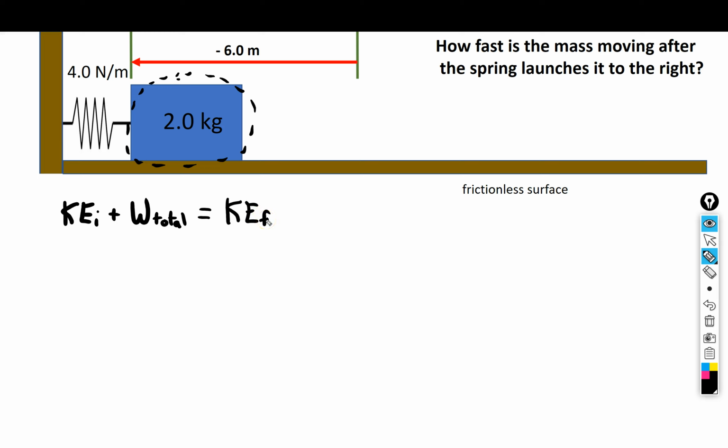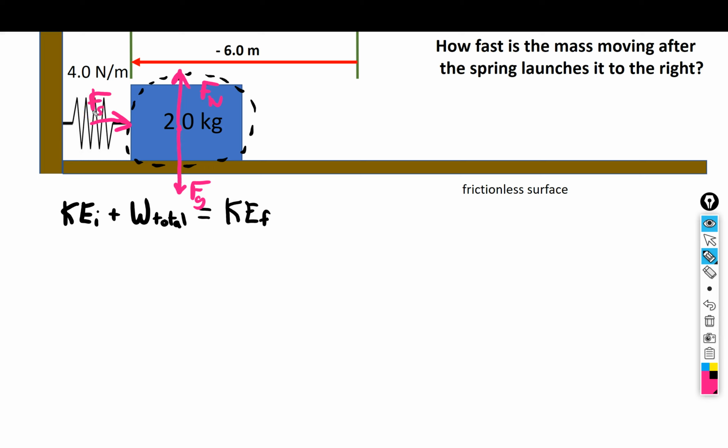In this case, what are there? Three forces acting on that object. You have the weight force pulling it down. You have a normal force pushing up on the bottom. And then you have this spring pushing it to the right.